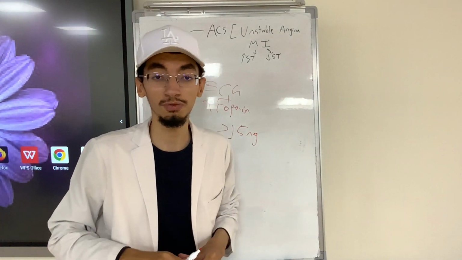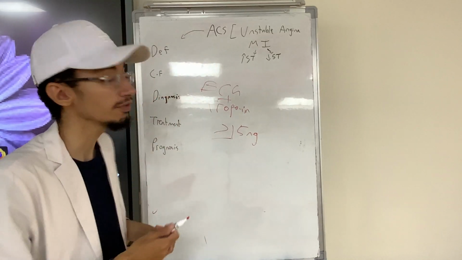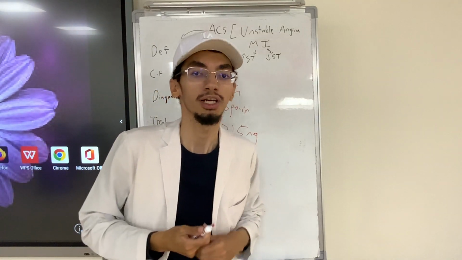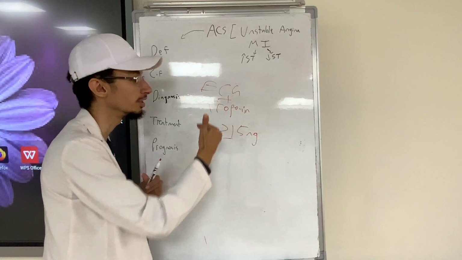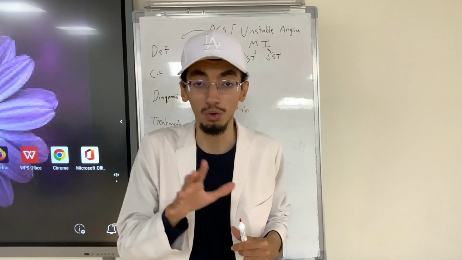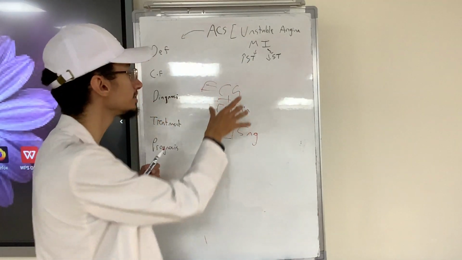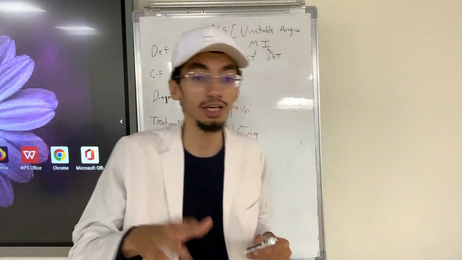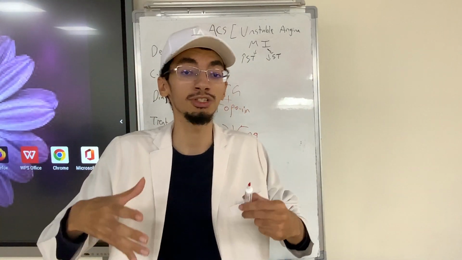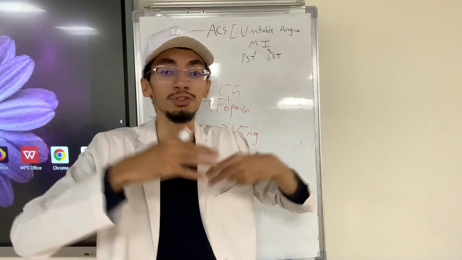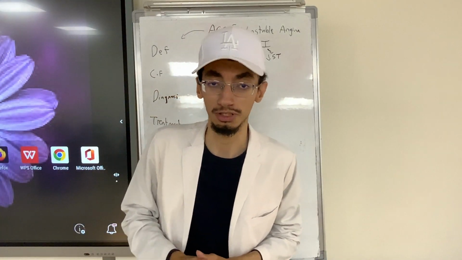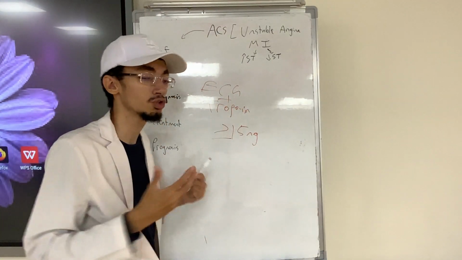Now we have confirmed a case of MI. But a question: is troponin considered confirmatory for MI? No, not necessarily. Like we said, in ECG there can be changes that are not specific to MI. It can be changes related to numerous cardiovascular conditions. And the same goes for troponin.